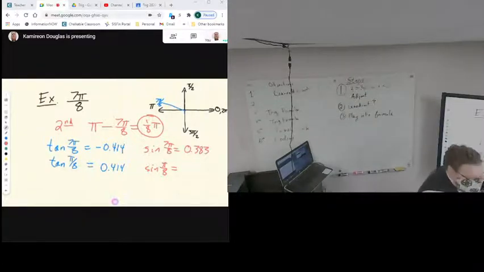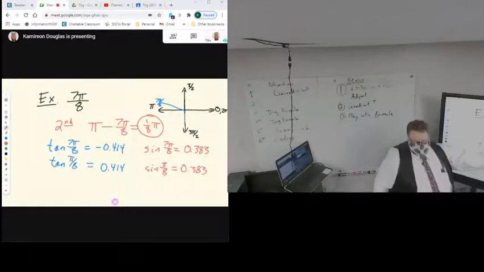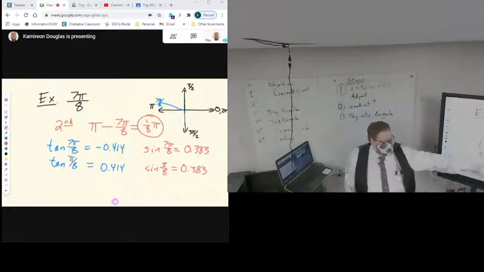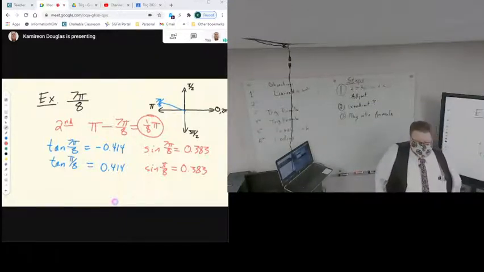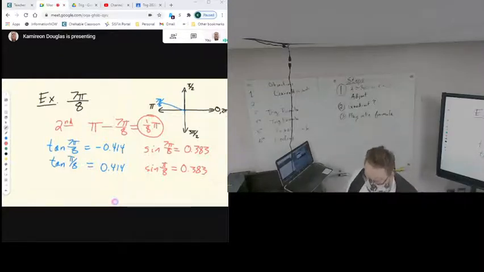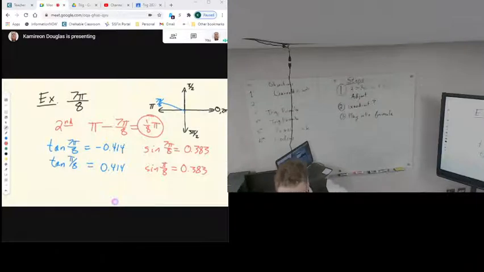Garrett? Same thing? So again, some of them should match, some should be similar. Notice that they're not the same values, right? 0.414, 0.383. They're different trig functions, so they have different values most of the time. But the reference angles have similar ones.